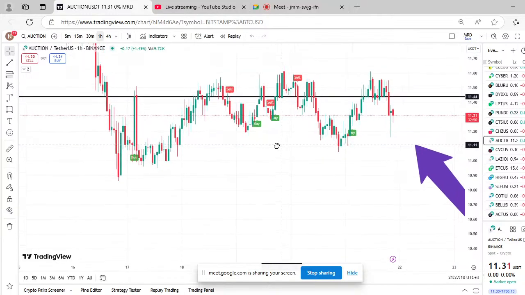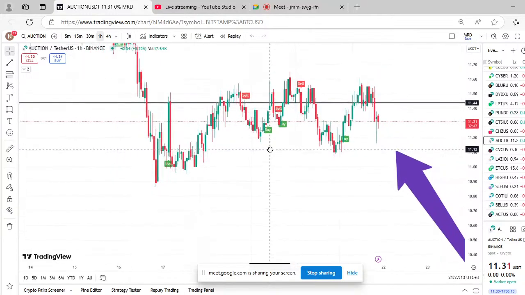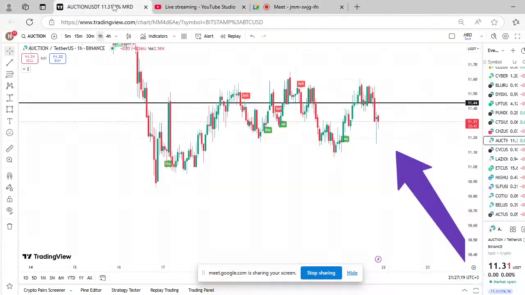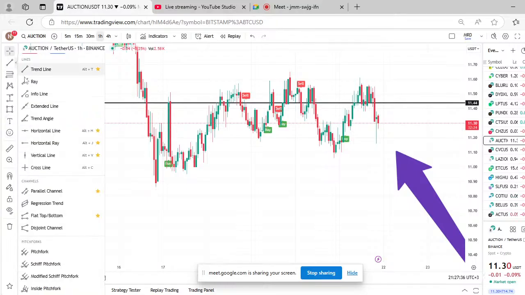So, the ranging market, I'm going to give you a technique. Hey, let me see. How many people am I teaching? Okay. Now, the logic is here, guys. If you are trading a ranging market, I want you all to use this trend line.